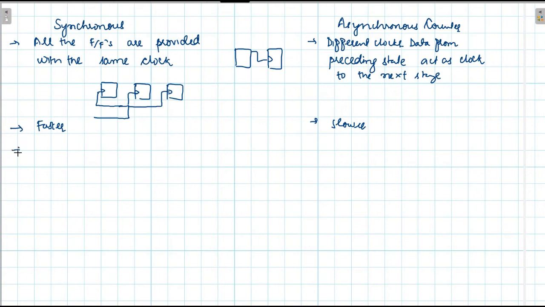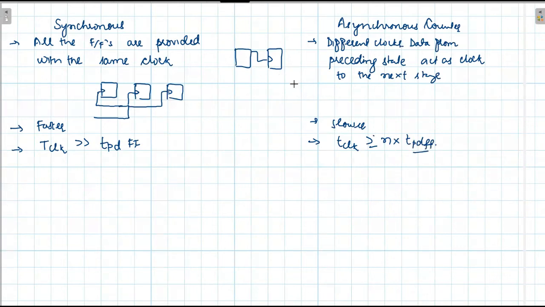Now coming towards clock. How much clock frequency are you going to provide to the synchronous systems? Your clock time should be greater than the propagation delay of the flip-flop. This is for synchronous. And your clock timing here should be greater than or equal to n times the propagation delay of the flip-flops, where n is the number of stages you are using.